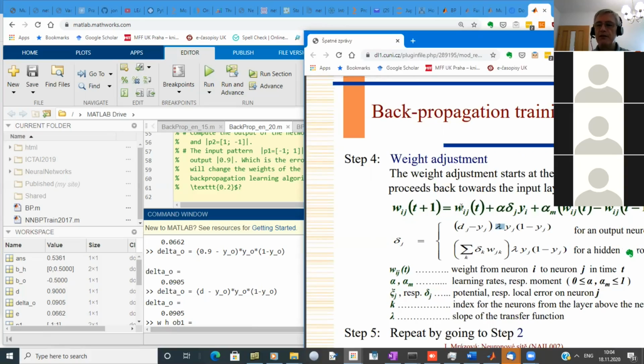We take the value for the weight and we add some learning rate alpha times delta J. Delta J is the error at the neuron J, whose weights lead to the neuron J. So the error there is multiplied by the value which is transferred through the weight, because the weight is from neuron indexed by I. So this is multiplied by the output of the neuron, yi.